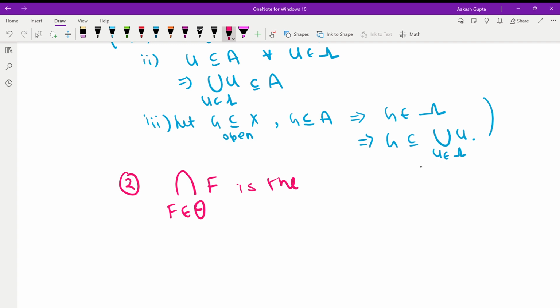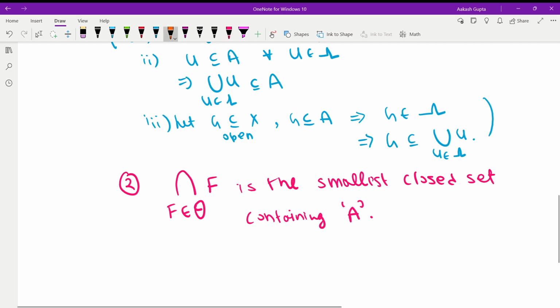It is the smallest closed set containing A. Now, this I leave up to you guys to verify.